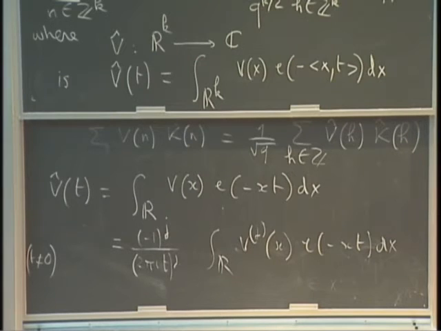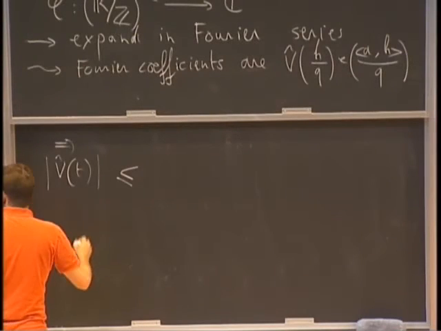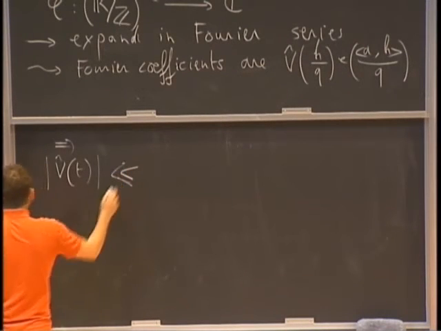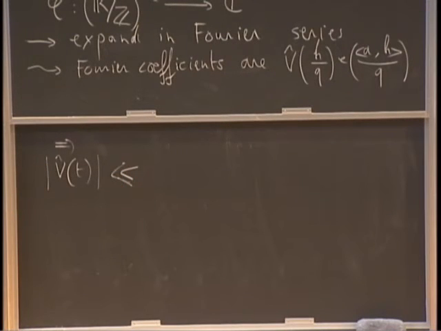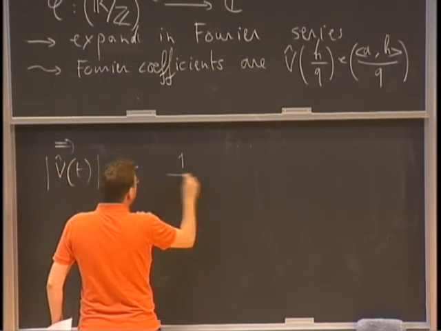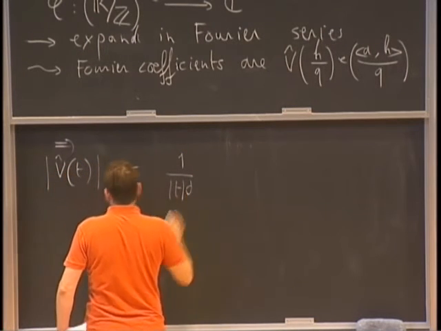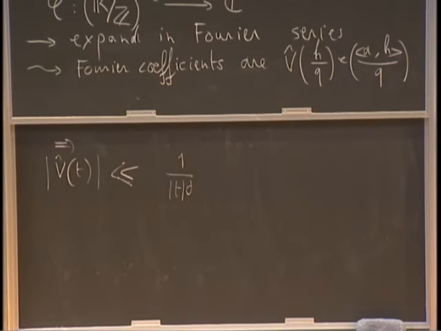Okay, so you get that v hat of t is going to be bounded, up to an absolute constant, by 1 over |t| to the j. And this integral we bound trivially, so v is concentrated on the interval of length y.